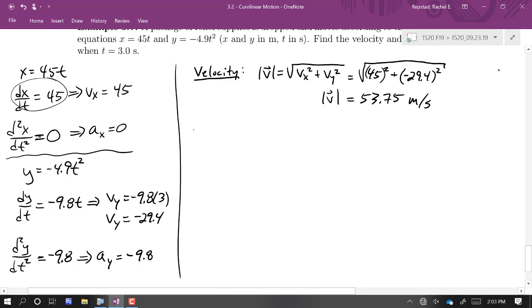And what quadrant is that velocity vector in? Yeah, because x is positive and y is negative. So 360 minus arctan, and I'm going to plug in only positives into the arctan function. Vy over Vx, 29.4 positive over 45.